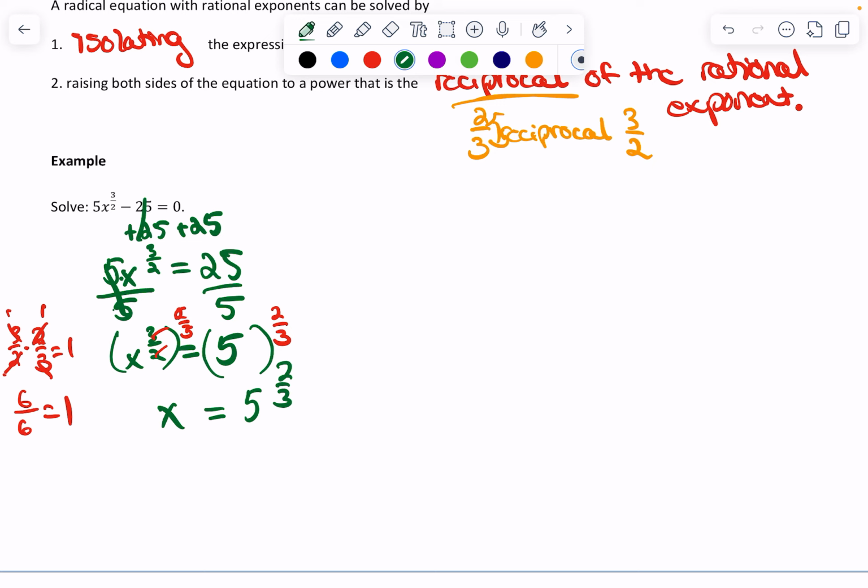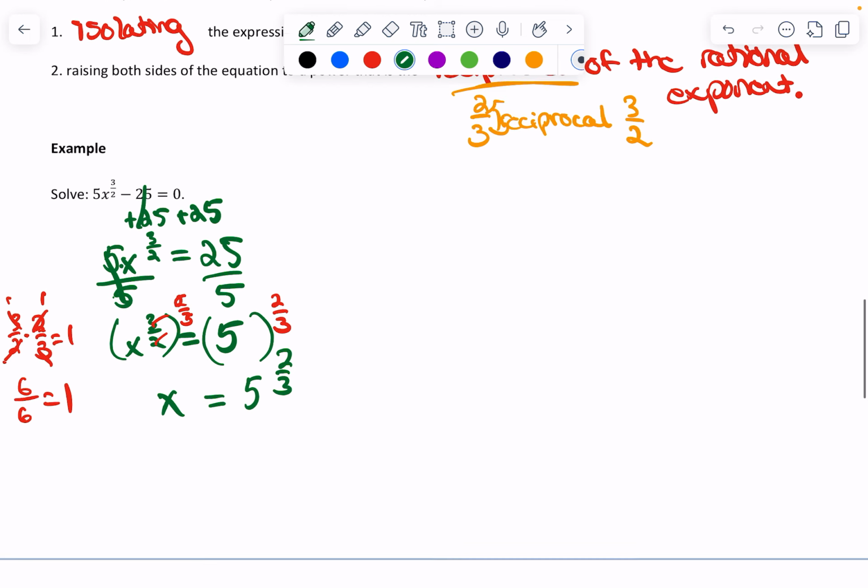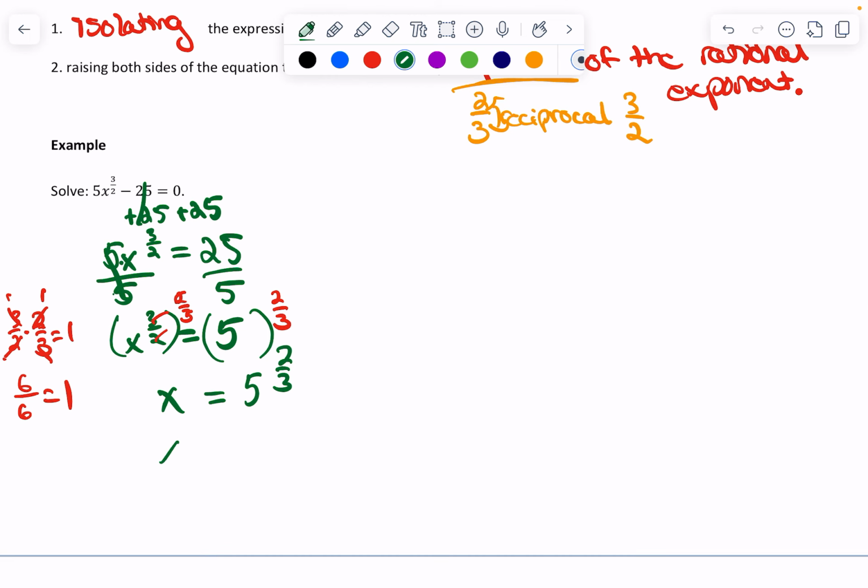Now, we don't want to leave our solution with the rational exponent. So we want to write it as the cube root of 5 squared. Well, 5 squared is 25, so we can write the cube root of 25.